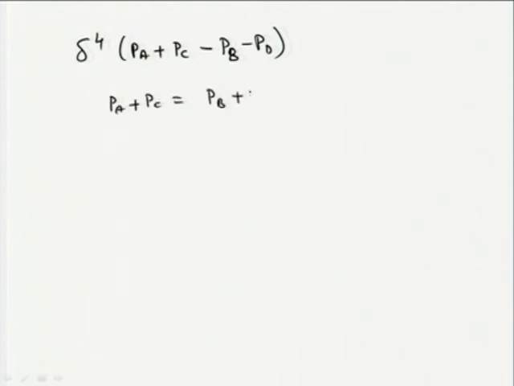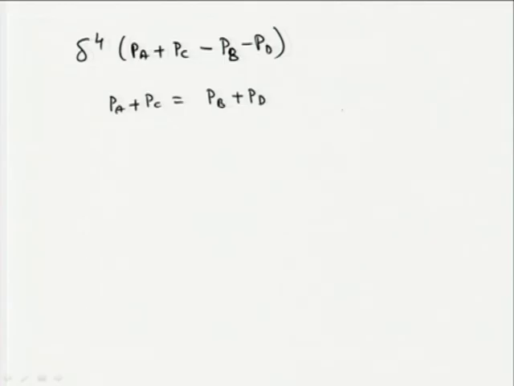When we do that, immediately we realize, because of the delta function, that when you integrate over all the momentum, Pa plus Pc is equal to Pb plus Pd. That is because of the delta function. And what does that tell you? So, the delta function of Pa plus Pc minus Pb minus Pd tells us that Pa plus Pc is equal to Pb plus Pd.